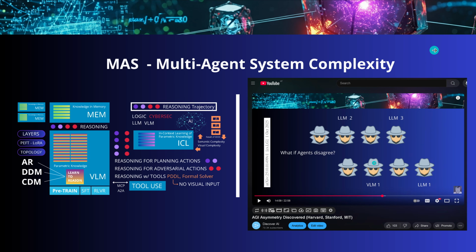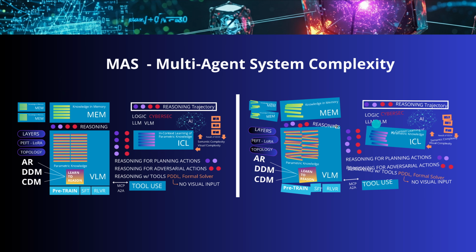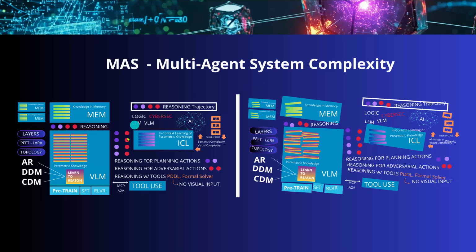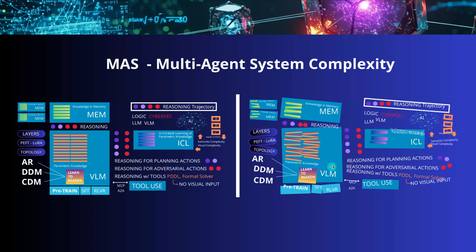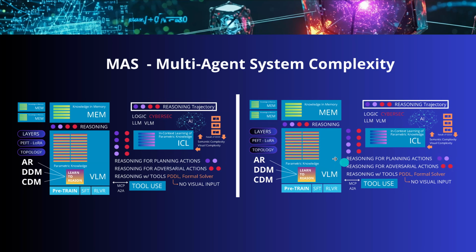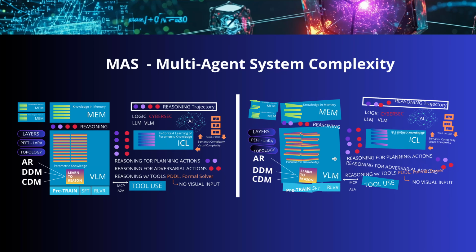Now, if you want to understand this, I have a video from just days ago, whenever this video will go live. It's called AGI, Asymmetry Discovered. Here I show you the latest work from Harvard University, Stanford University, and MIT. What happens if agents disagree? This is an agent, and here on the other side is this agent. What if they do not agree? What if this VLM has a different opinion than this VLM or LLM? What is the result? I have not even integrated a RAG system.